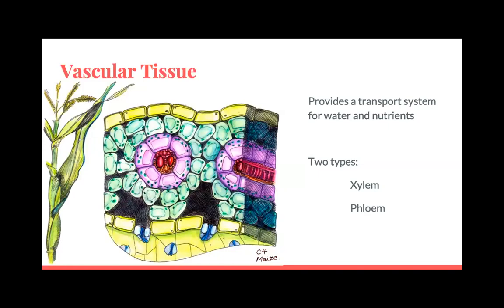Any questions about vascular tissue? We've talked a lot about these. You watched a video on it last night. Any questions on this? Okay, so in this picture, this is the vascular tissue.